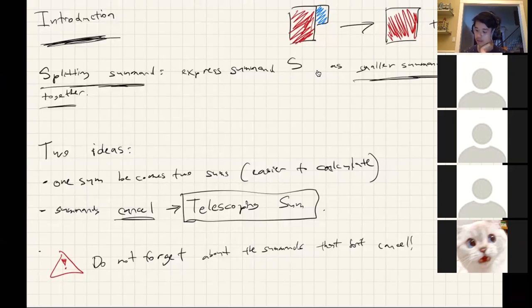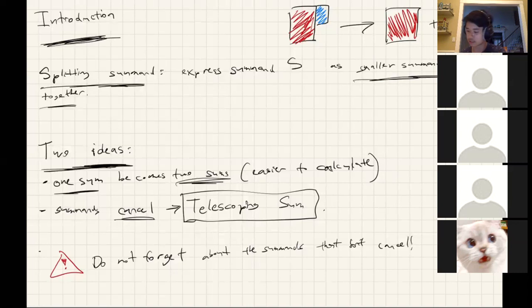So there's 2 things that you can do with this strategy. The first thing is that you can make one complicated sum become 2 less complicated sums, right? So say you have one summand, you can split the sum into 2 sums for the 2 components of that summand.